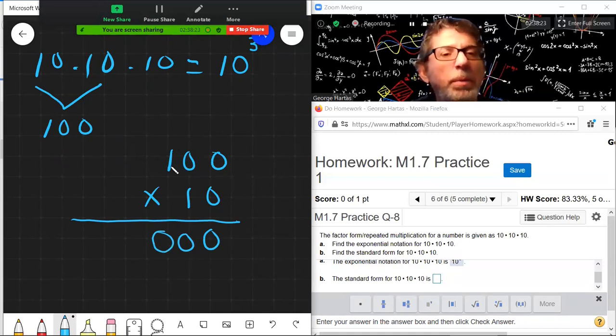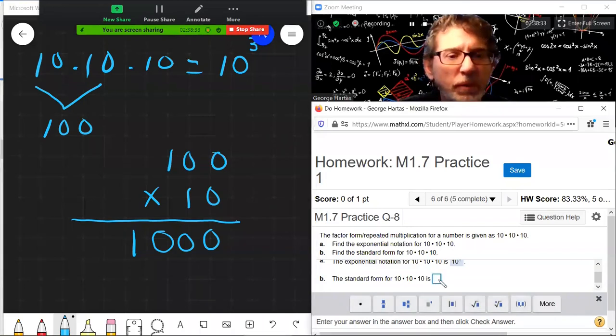And then I'm going to multiply the non-zero digits. 1 times 1 is 1, and we're done. 1,000 should be what they're looking for.